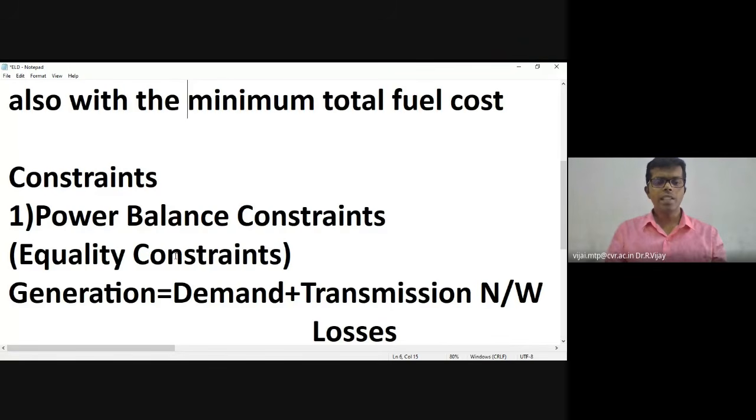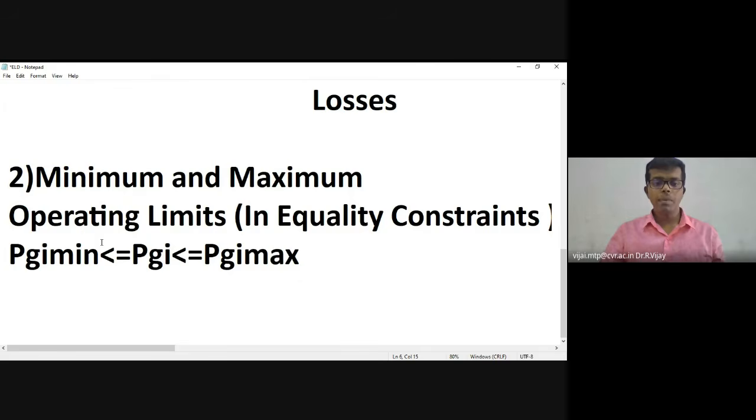Generation you can take some 1500 megawatt, demand some 1450 megawatt. Then transmission network losses some 50 megawatt, or some 20 megawatt you can take, because 50 megawatt is more. So some 15 to 20 megawatt you can take. So 1480 megawatt as a demand, and network losses as 20 megawatt. So it is satisfying the generation balance, and also the minimum and maximum operating limits.